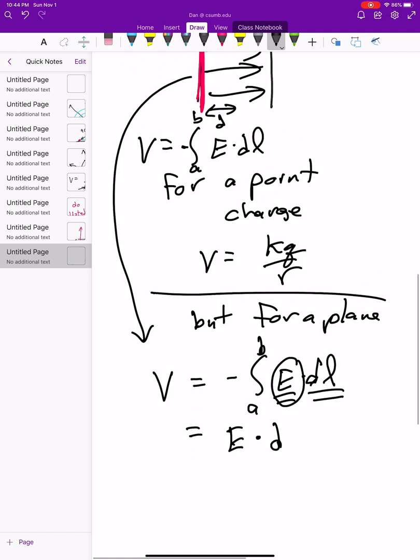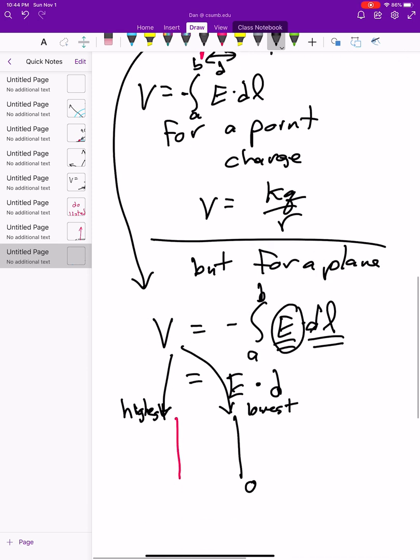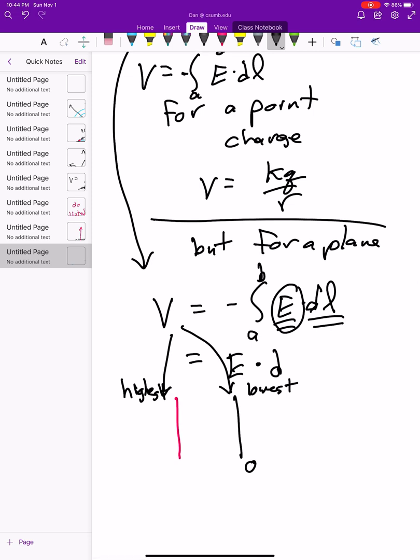It's going to be highest, we'll say, at the positive plate. I'll redraw my plates here. And lowest at the negative plate. So it's going to be highest here and lowest there. Here it's going to be 0, and here it's going to be some positive number.